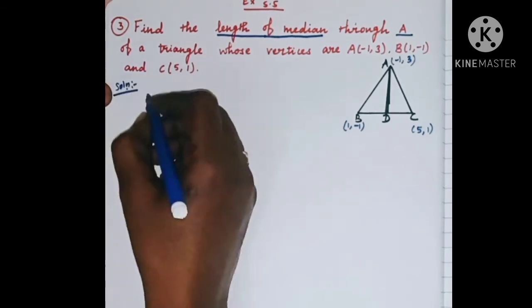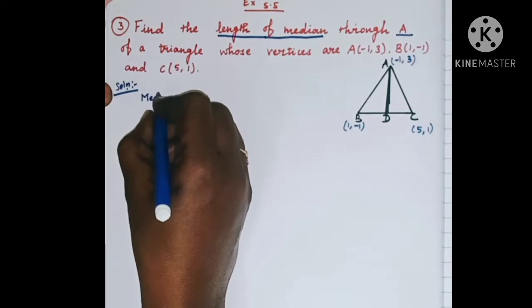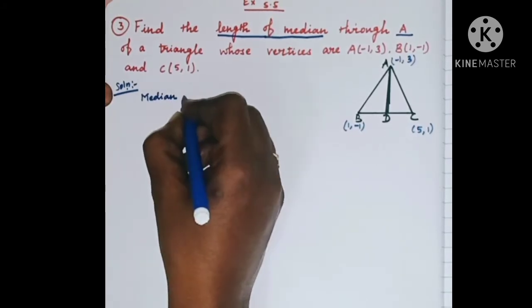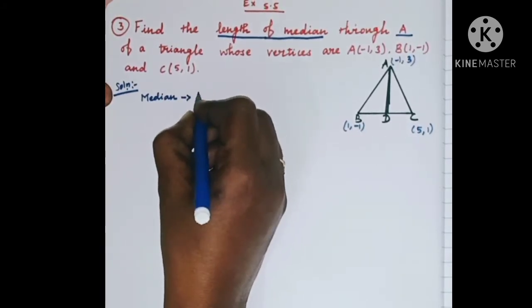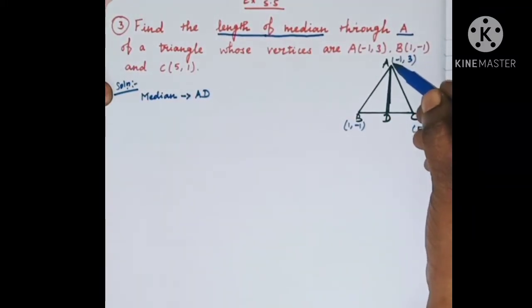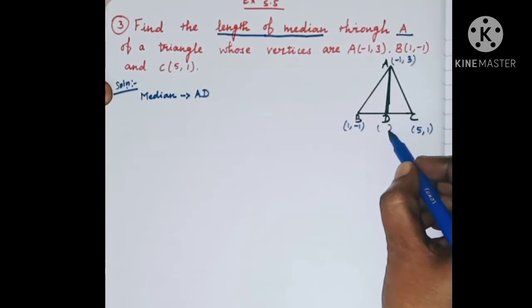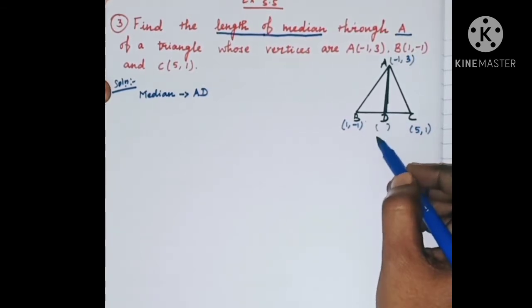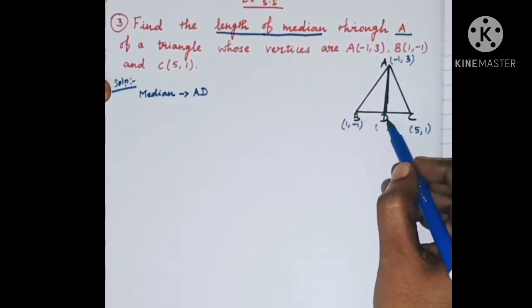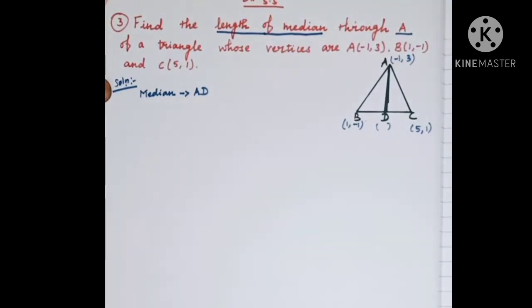Solution. Median is AD. We have to find the length of this median. To find the length of the median, first we have to find the coordinates of D. We don't know the coordinates of D. How to find the coordinates of D?